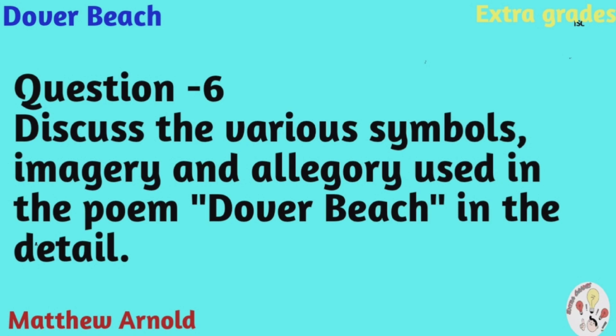My next symbol is the darkling plain. This is the imaginary landscape where the final simile comes to a catastrophic end. The image of this pitch dark battlefield is far from the pleasure and calmness exhibited in the beginning of the poem. The line from the poem: "and we are here on a darkling plain."